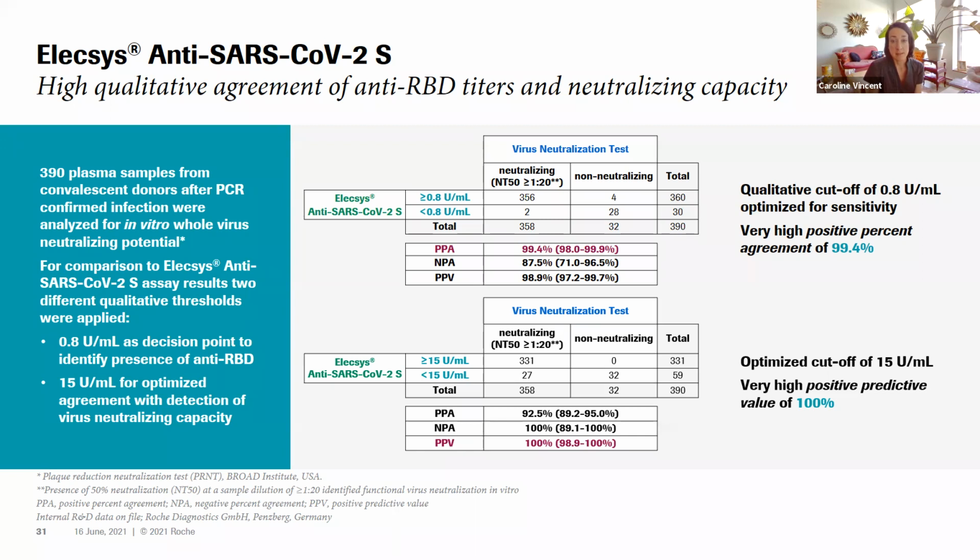So the Elecsys NTS assay, based on this data, we see that it correlates very well with the detection of neutralizing antibodies, and it could be used as a surrogate marker for the presence of neutralizing antibodies in a sample, for example, as part of the characterization of convalescent plasma for COVID-19. And there are already guidelines around this in terms of the level of antibodies that should be used for convalescent plasma donation.